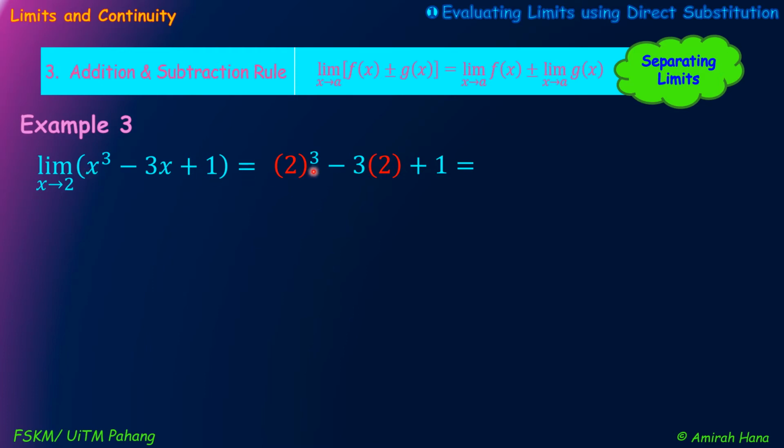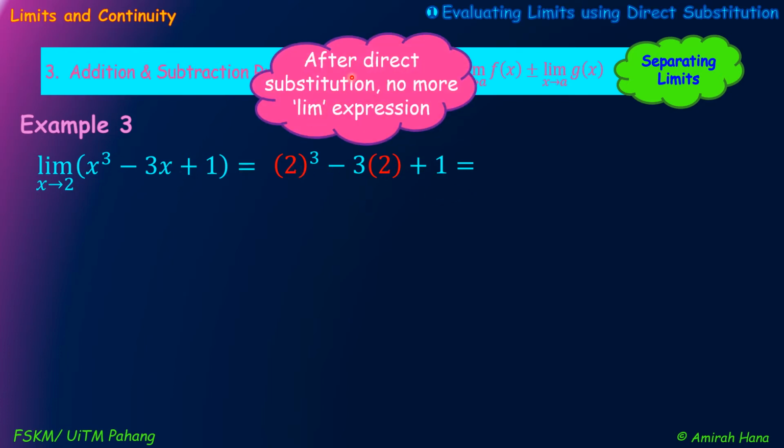So we get 2 cubed minus 3 times 2 plus 1. And remember, after direct substitution, there is no more limit expression. That's the way we calculate the limit.